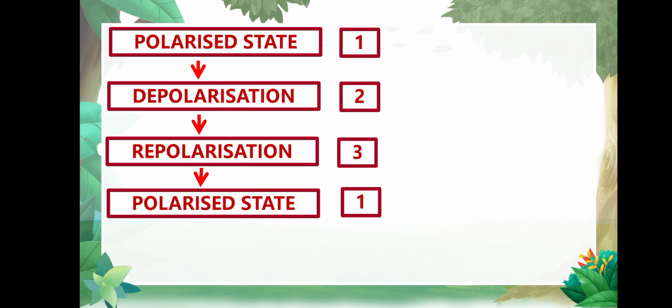So as you can see, from the polarized state depolarization occurs, from depolarization repolarization occurs, and from repolarization the polarized state is restored, and this repetition goes on and on in nerve conduction.